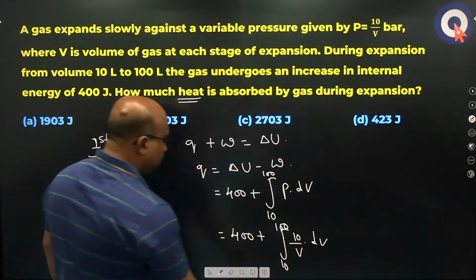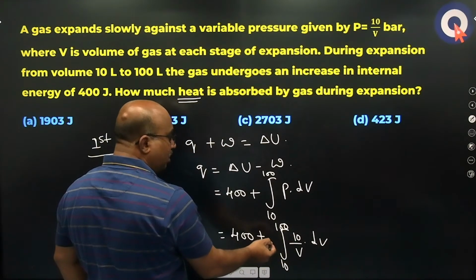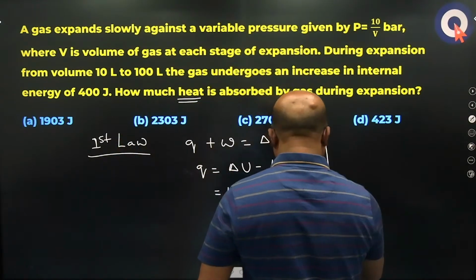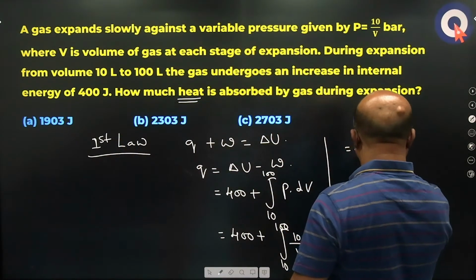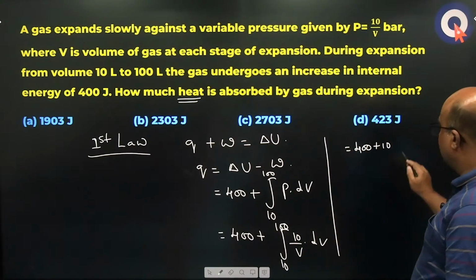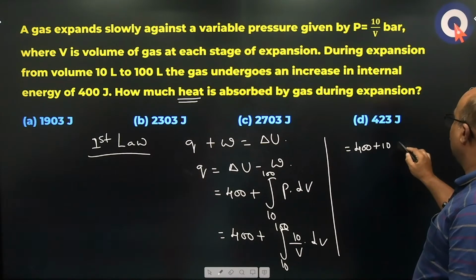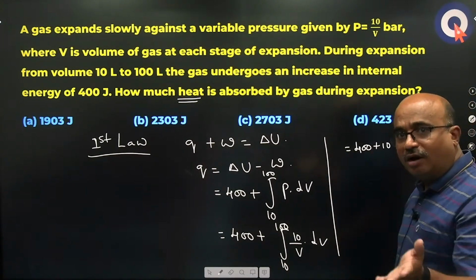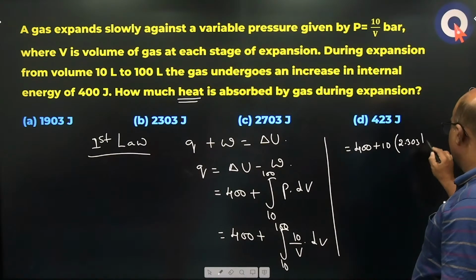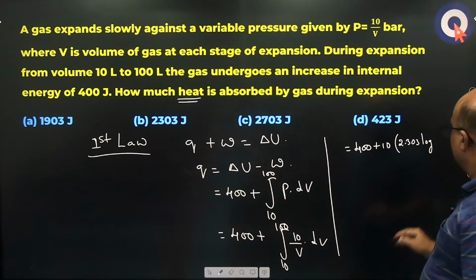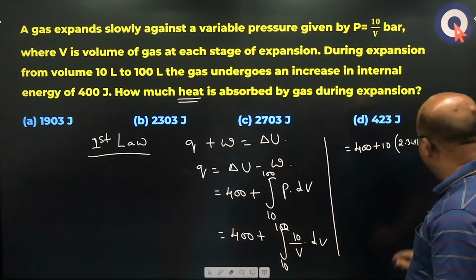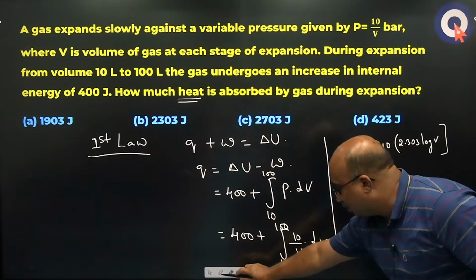But anyhow, the 10 I can take common or outside, which is a constant, so that it is nothing but 400 plus 10 into 1 by V dV, which is nothing but ln, or you can write in terms of base 10 logs, I can multiply with 2.303 log V. With the limits, we take 2.303 outside and do the application of limits.